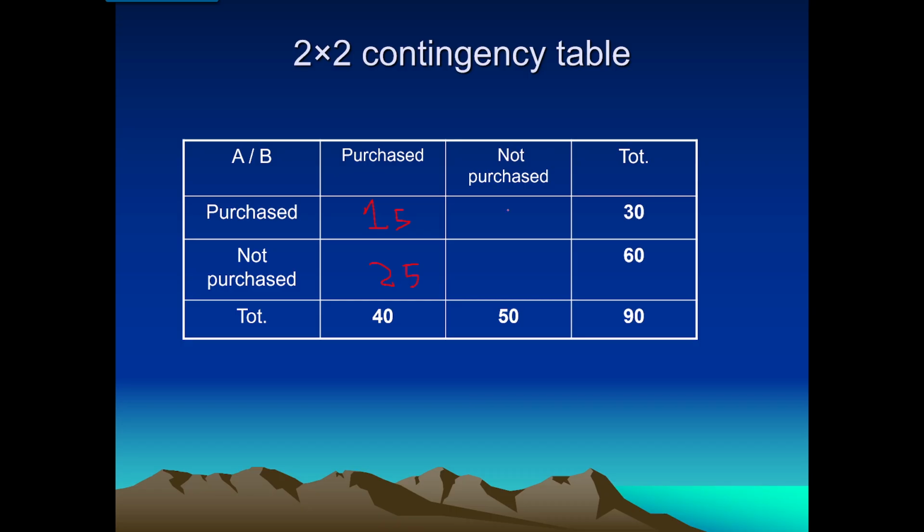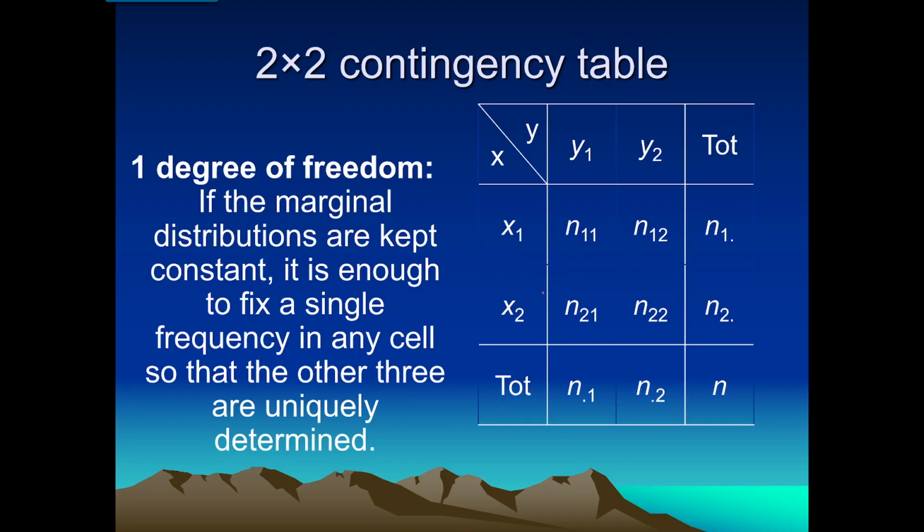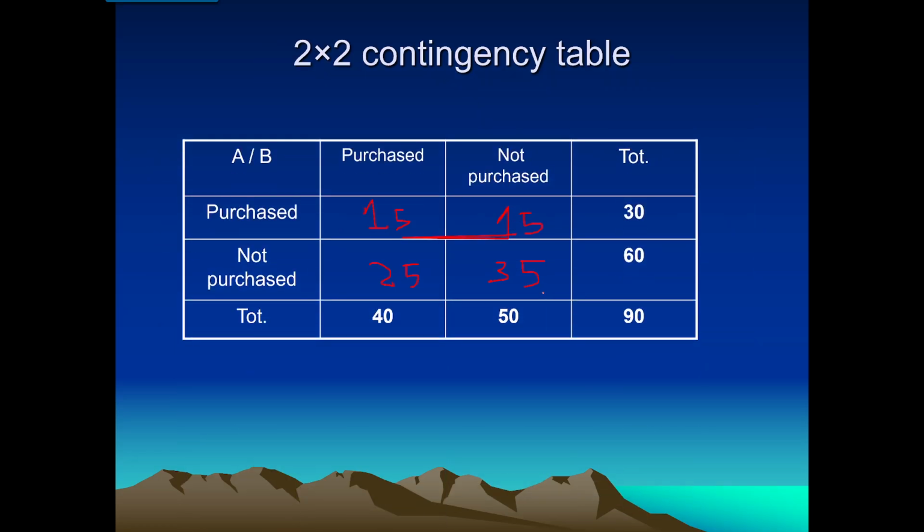What is the number which is here? 15. And what is the number which is here? 35. Right? So, given one, all the others follow. So therefore, this is why we say that there is 1 degree of freedom.